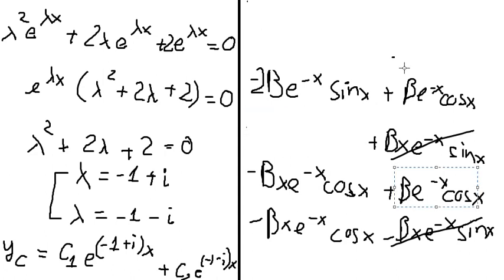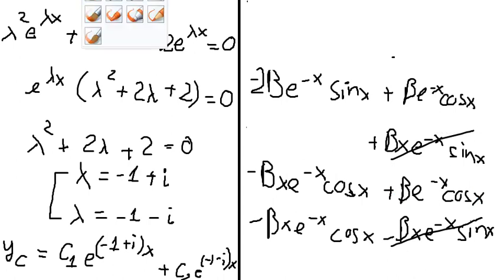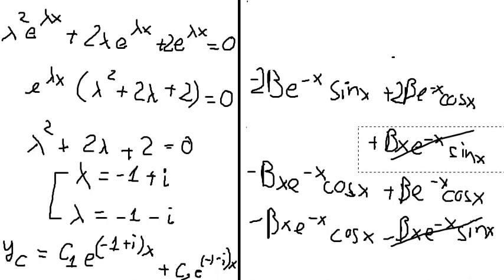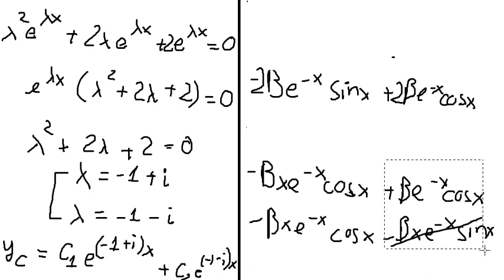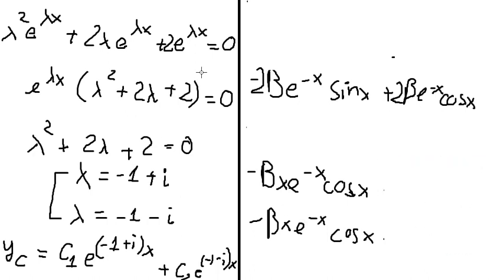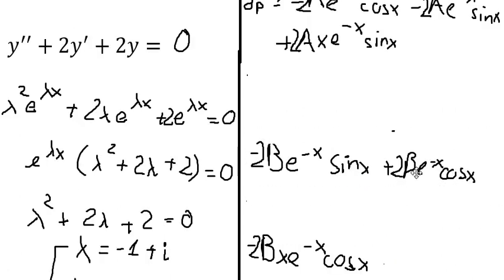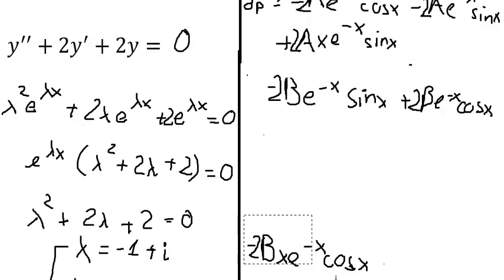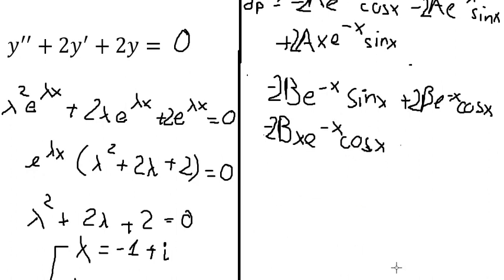So this one with this one you got 2be to the power of negative s cosine s. This one with this one you got negative number 2. And now this is the second derivative of the particular solution.